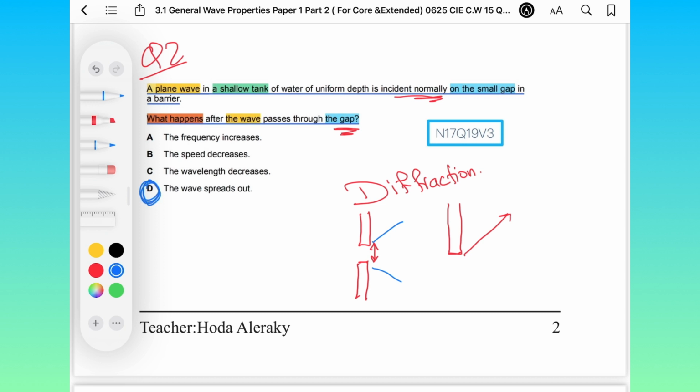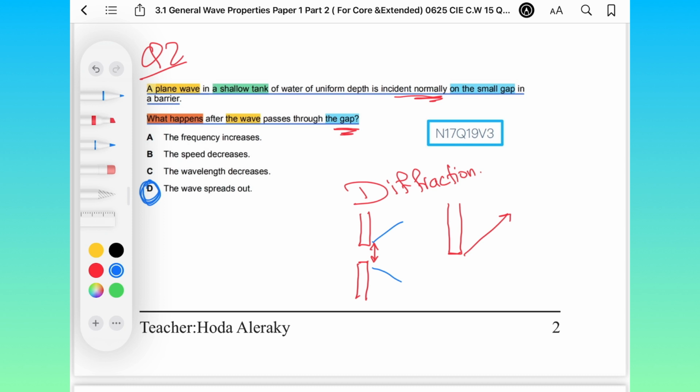Okay, so the wider the gap, the spreading will be less. We will discuss this later on in detail. So what happens after the wave passes through the gap? During diffraction, all the features will be the same.